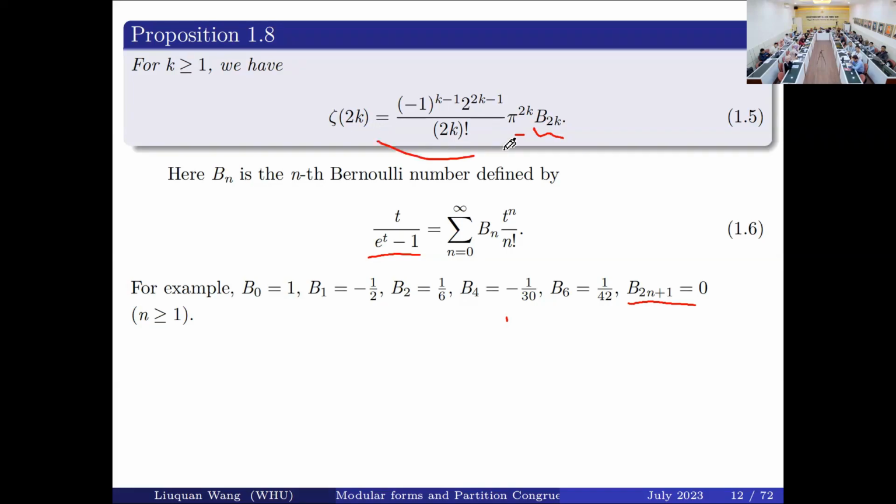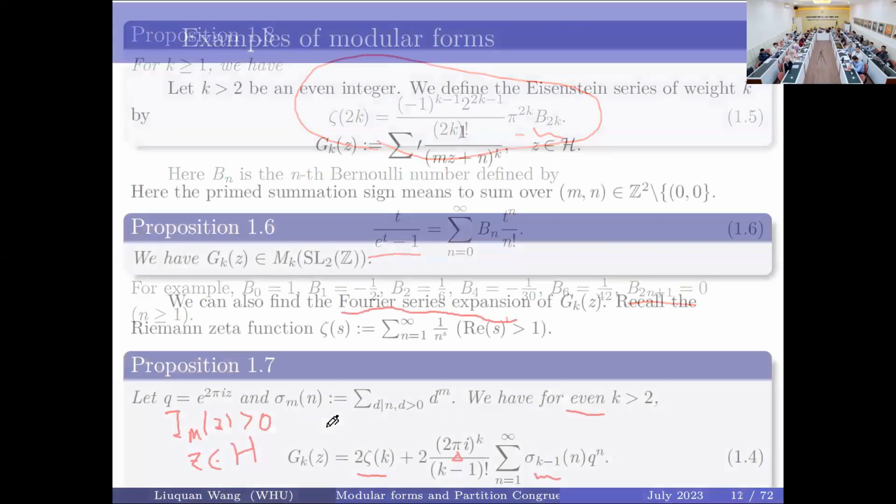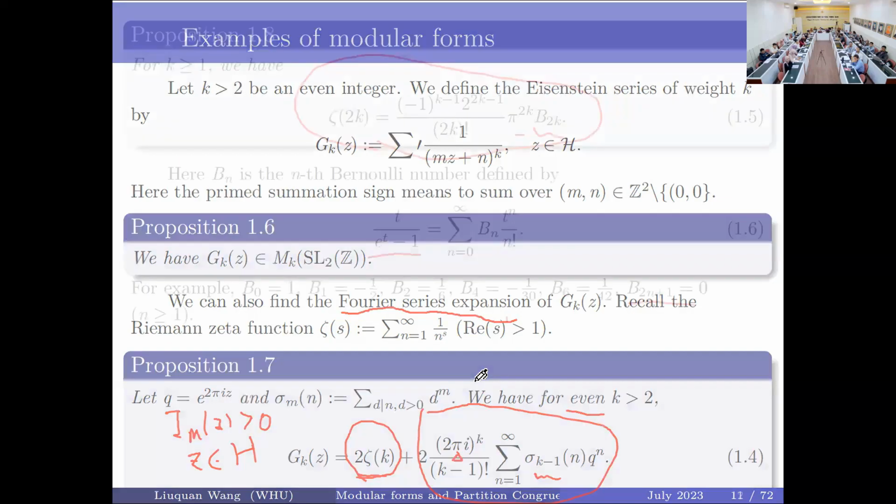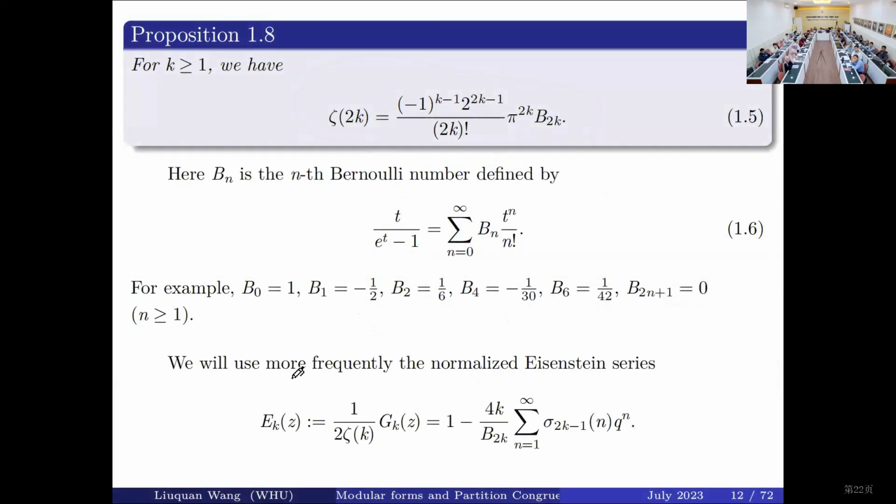Now with this formula, we substitute it into the previous expansion. So now we know the value of this part, and after extracting the common factor from this part and this part, we can give the normalized Eisenstein series. We will use the normalized Eisenstein series more frequently. That is, we divide G_k(z) by its constant term, that is, by 2 times zeta of k.